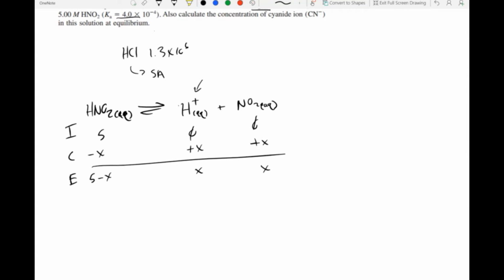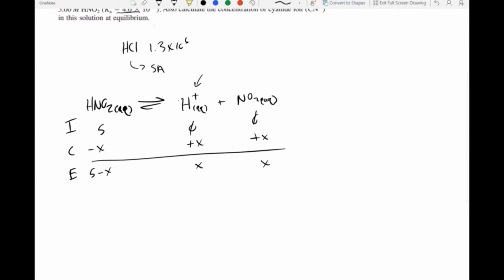So now we can use the Ka equation, which is, we know that it's H plus and NO2 minus over your weak acid, and in this case it would be HNO2.